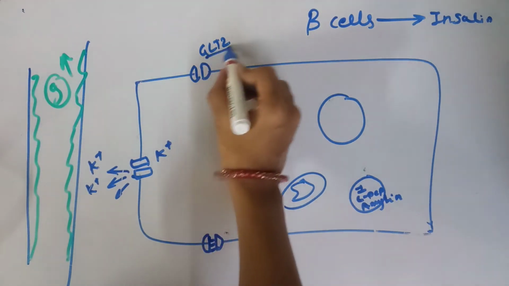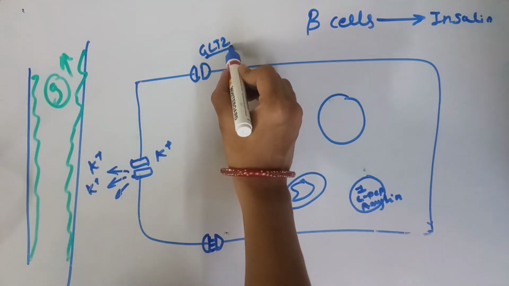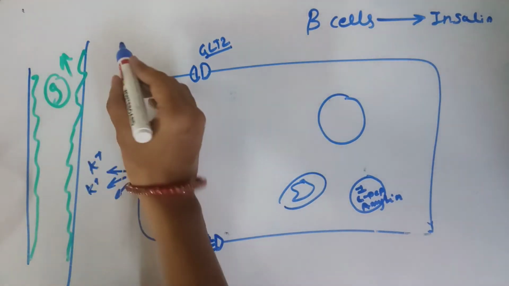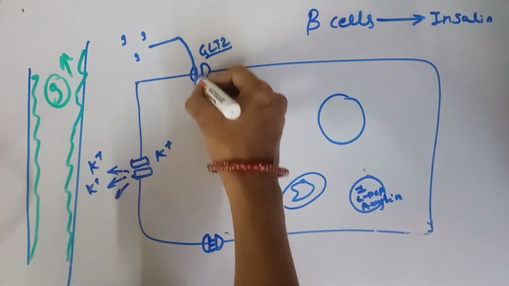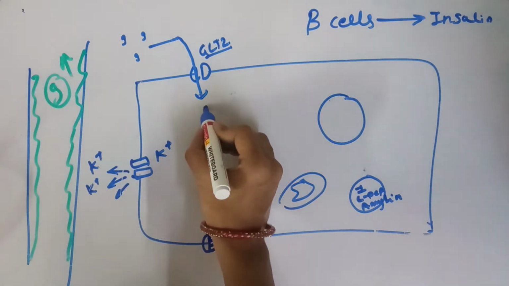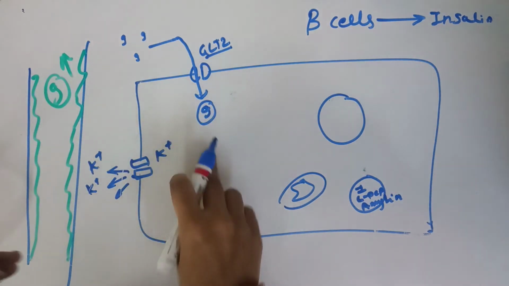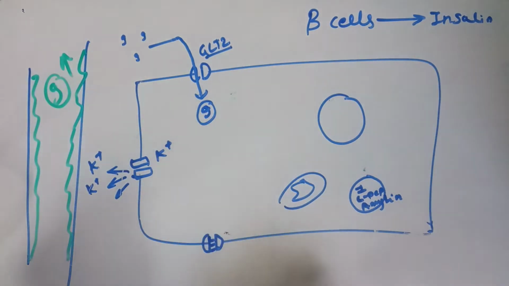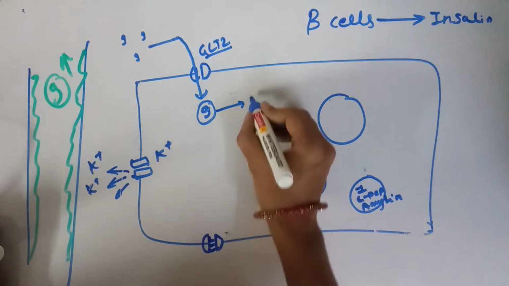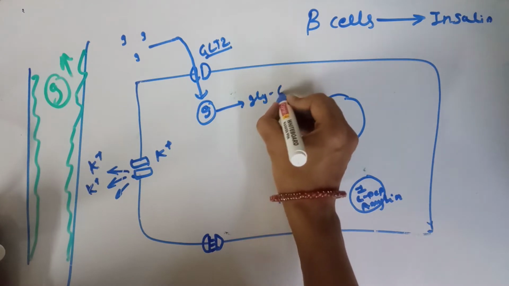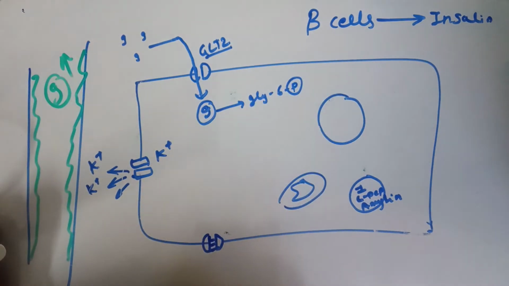These GLUT2 transporters are concentration dependent. That means when there is high glucose outside in your blood, it will directly be transported inside the beta cell. Suppose this glucose has been transported into your beta cell, then what happens next? This glucose is converted into glucose 6 phosphate.